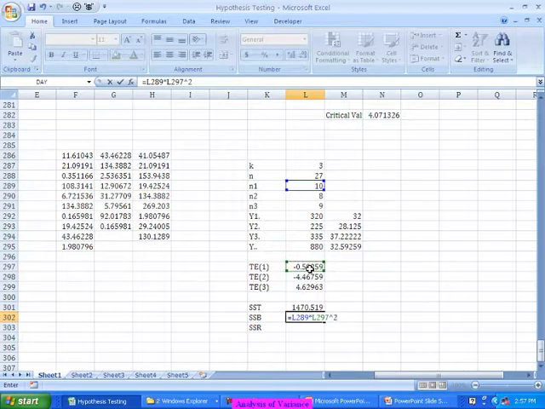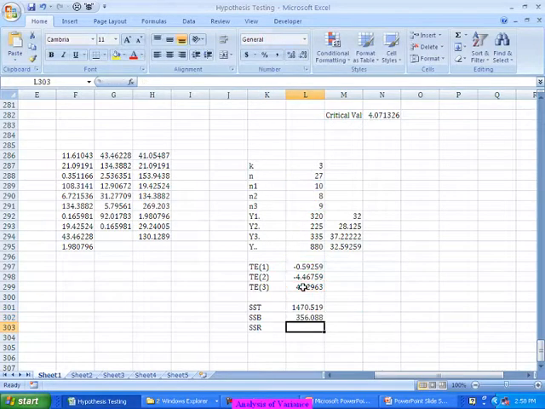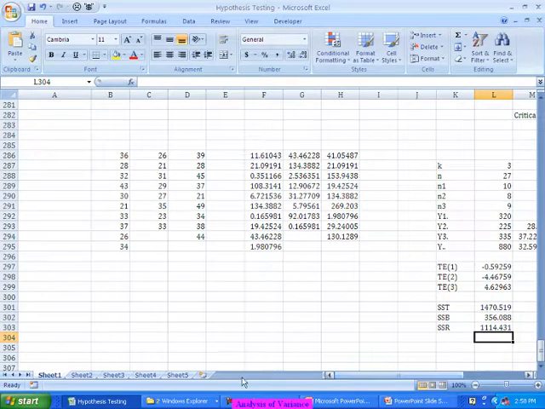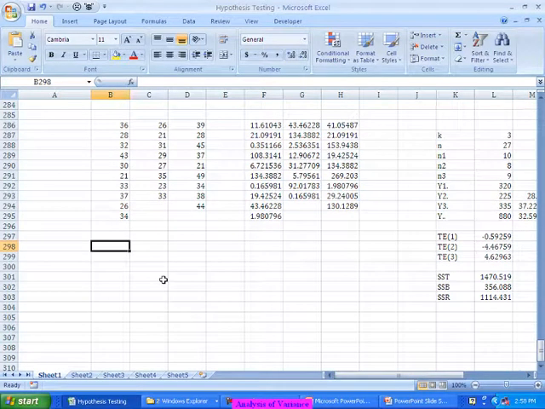The treatment effect square plus the size of the second treatment multiplied by the treatment effect square plus the size of the third treatment multiplied by the treatment effect square. So overall it is coming out to around 356.09, which means my residual sum of squares or sum of squares within should definitely come out as the difference between the two, which is 1114.